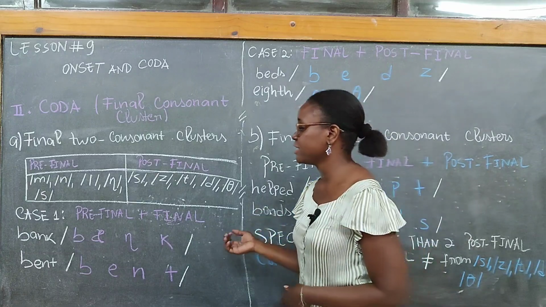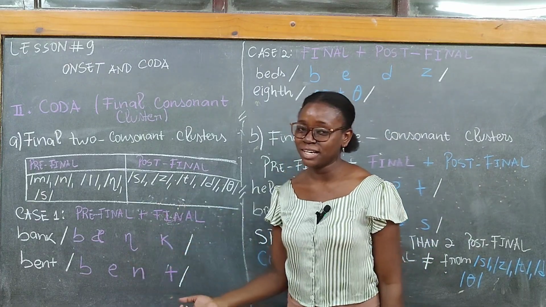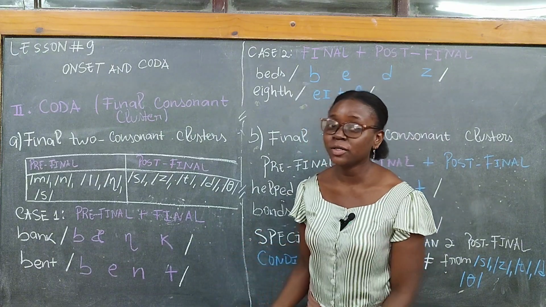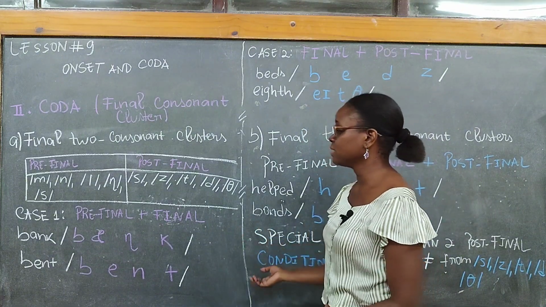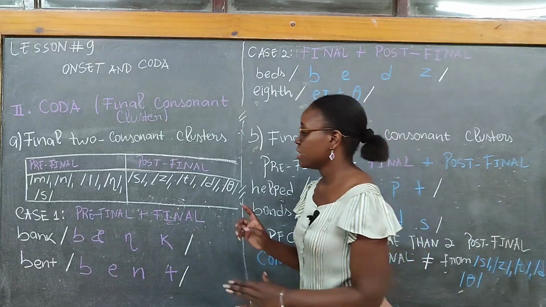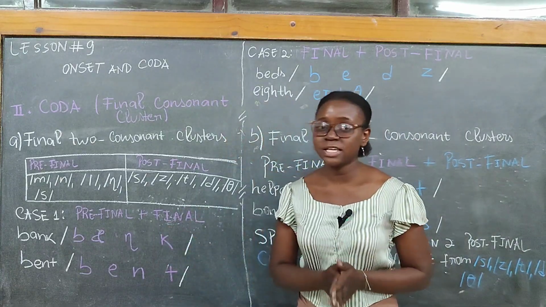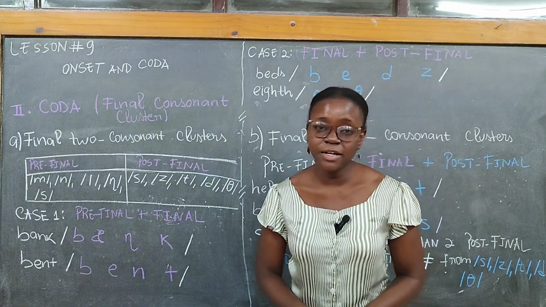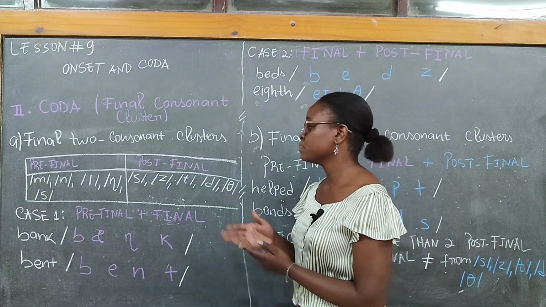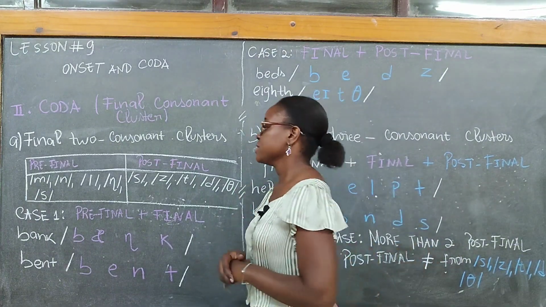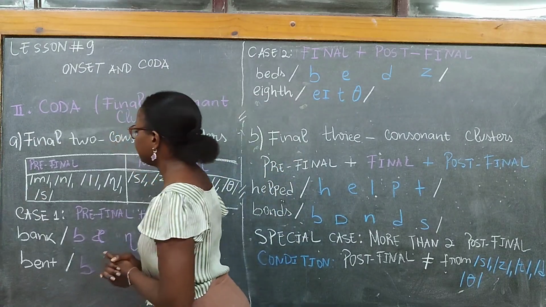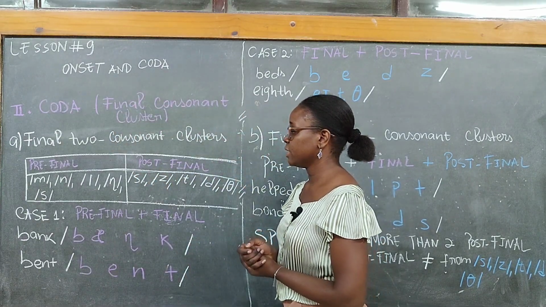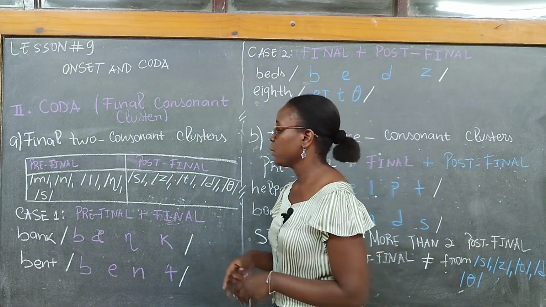One where we find a prefinal and a final consonant, and the second where we find a final plus a post-final consonant. And here we have the set of consonants that we consider pre-final and the others that we consider post-finals.